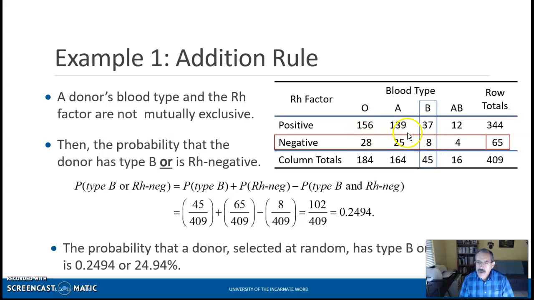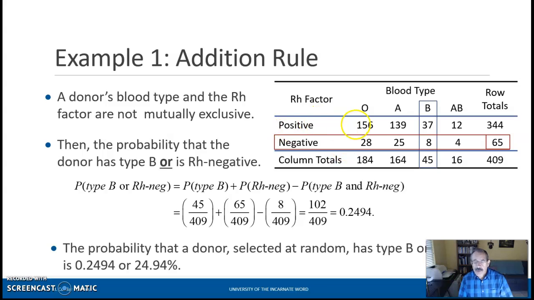So then you know that these are not mutually exclusive events. In fact, if you look at the case where the Rh factor is negative, which is one of the events of interest, and you look at the type B, then you see that there are 8 individuals that have type B and have a negative Rh factor.